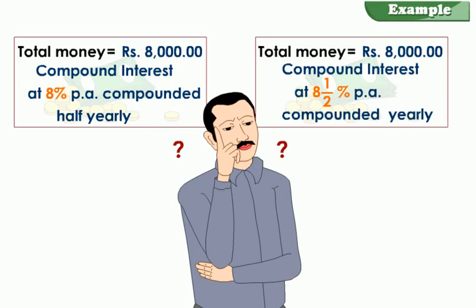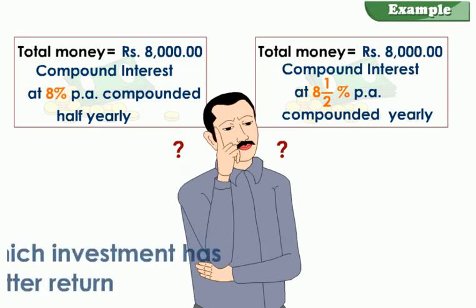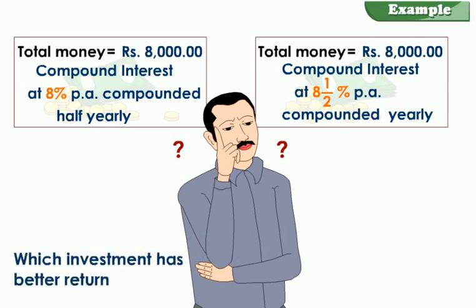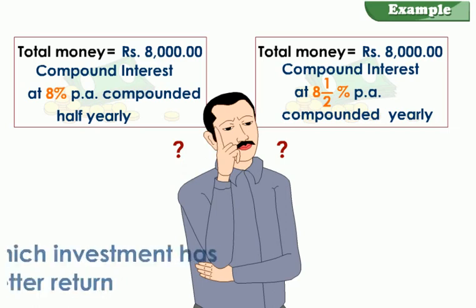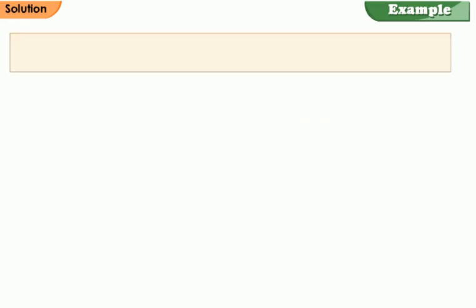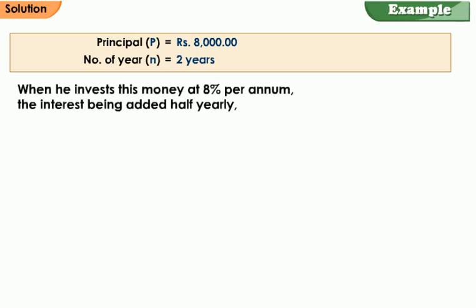Here, principal is equal to rupees 8,000 and number of years is given to be 2 years. Now, when he invests this money at 8% per annum, the interest being added half yearly, rate is equal to 8/2%, that is 4% per half year, and n is equal to 4 half years.